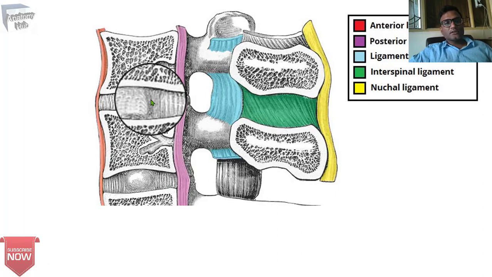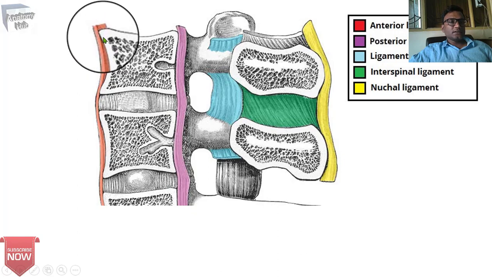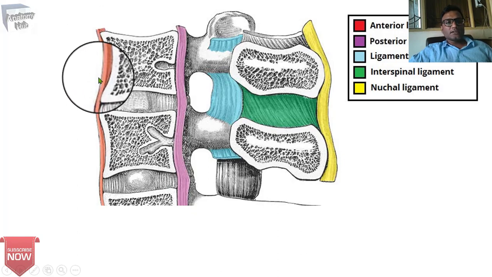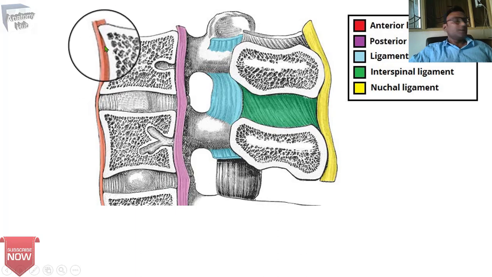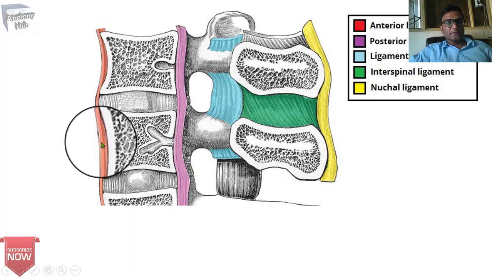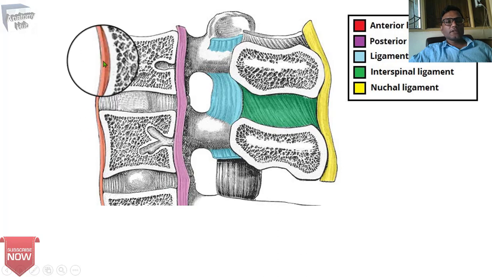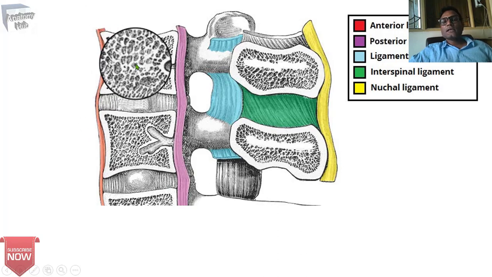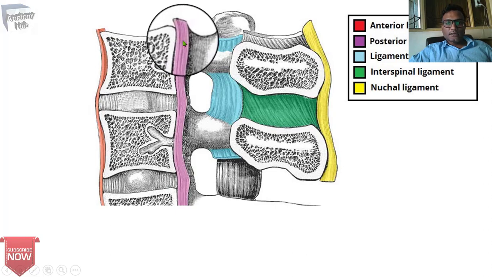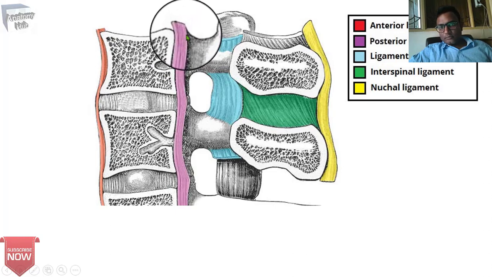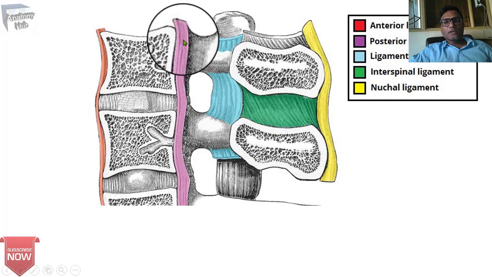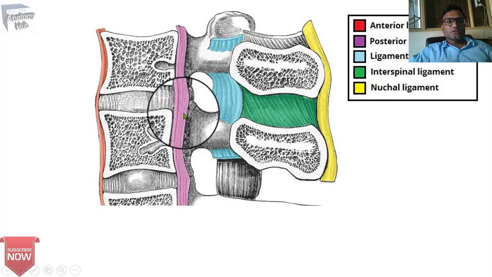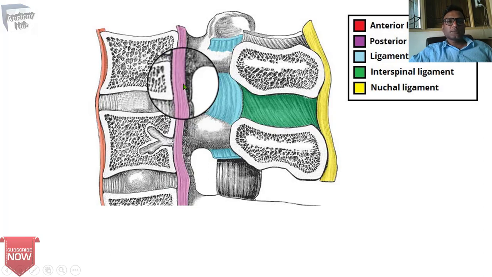Here you can find that most anteriorly, the whole vertebral column is bound by a ligament. This ligament is the anterior longitudinal ligament, which you will find all over the vertebral column and the spine. And at the posterior part, you will find, in pink color, the posterior longitudinal ligament. This you will also find all over the spine.